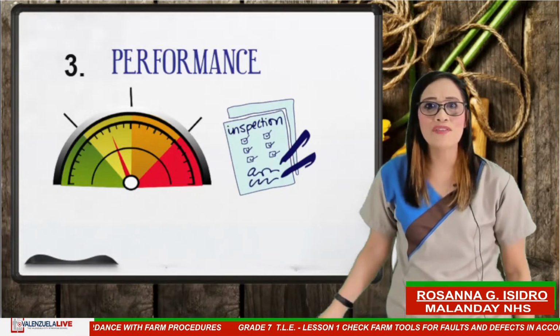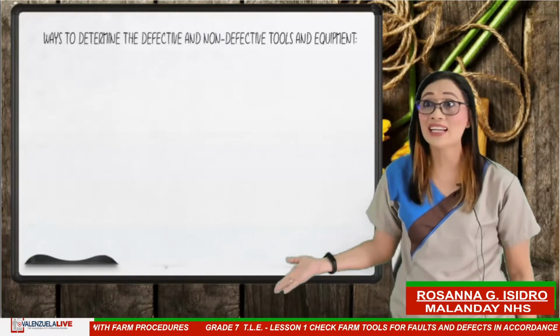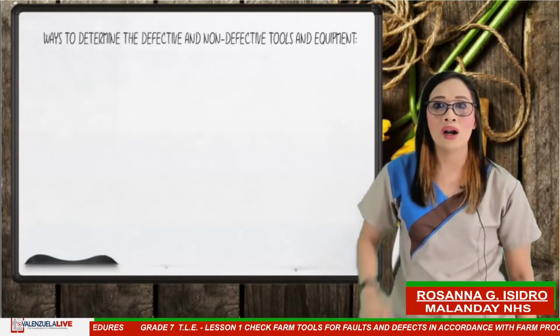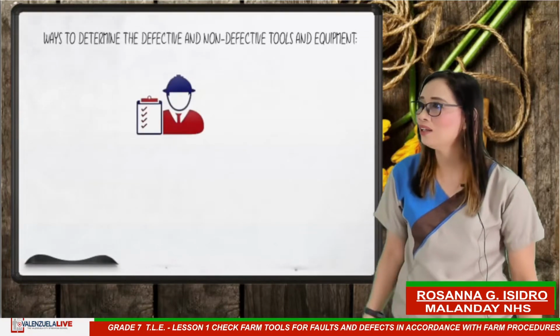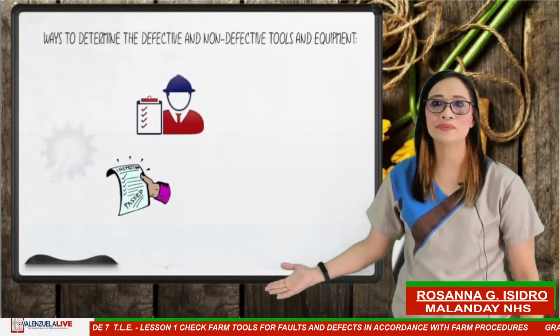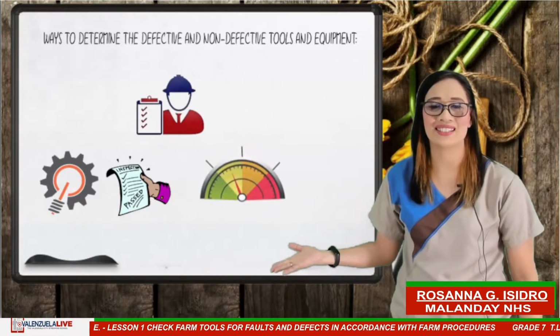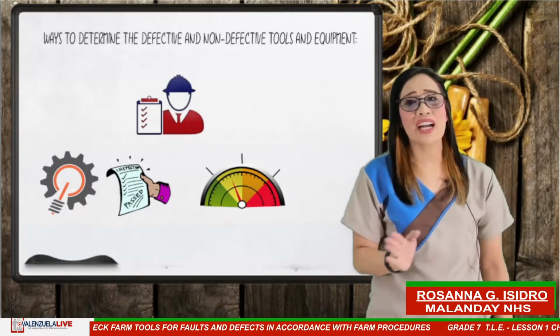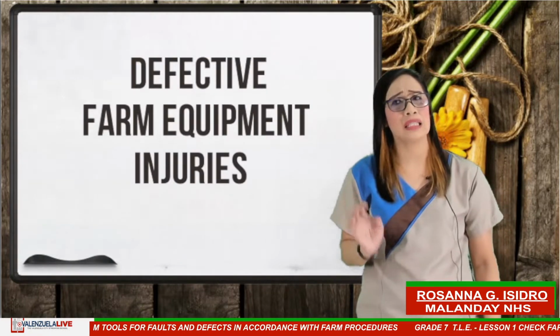Again, the different ways to determine defective and non-defective tools and equipment are visual inspection, functionality, and performance. There are also defective farm equipment injuries.